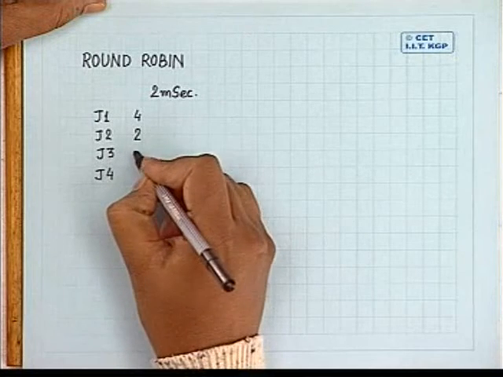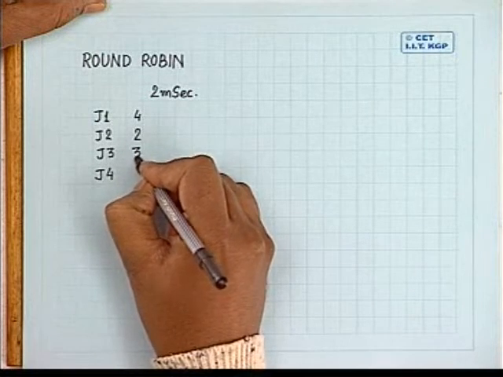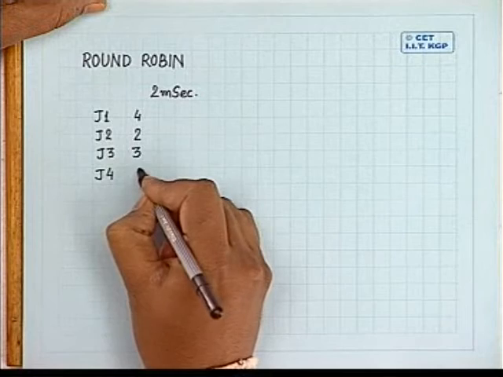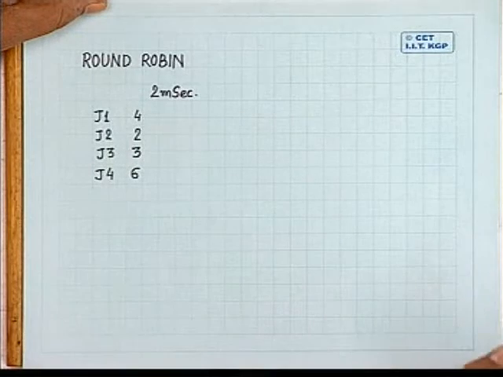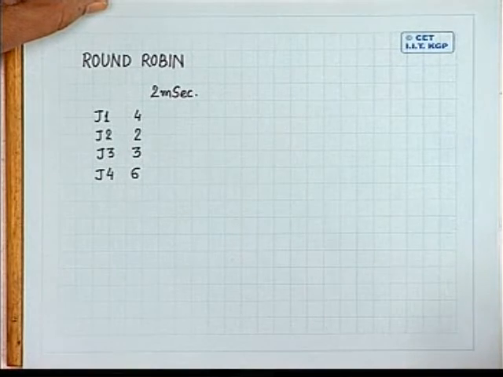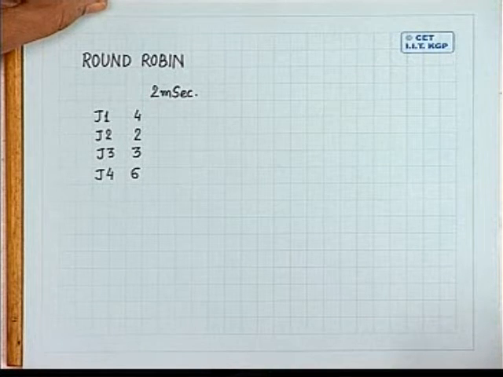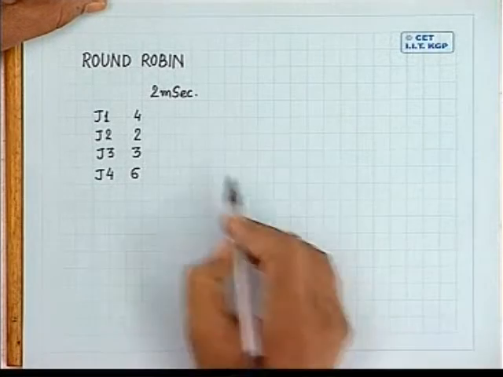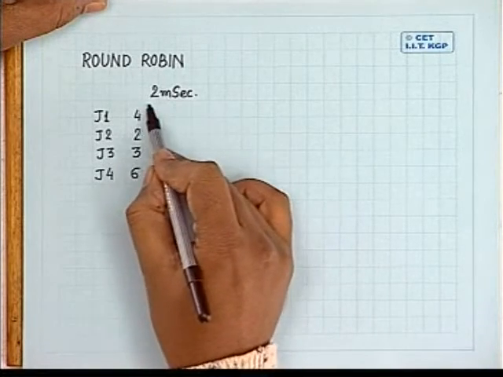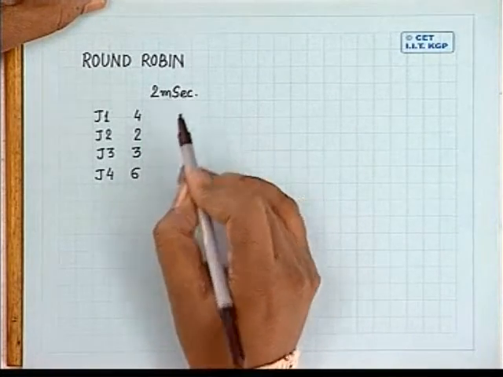Job J3 may take 3 milliseconds, and job J4 may take 6 milliseconds. Now let us see how round robin scheduling will work on this sequence of jobs. Our assumption is that the CPU time quantum is 2 milliseconds.